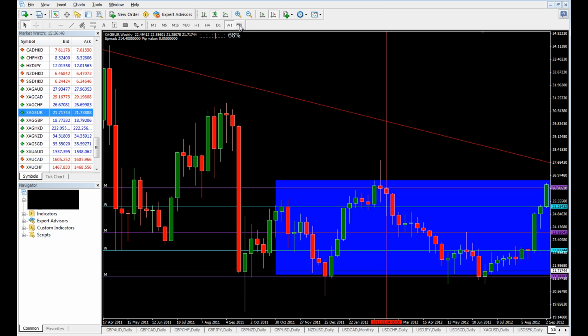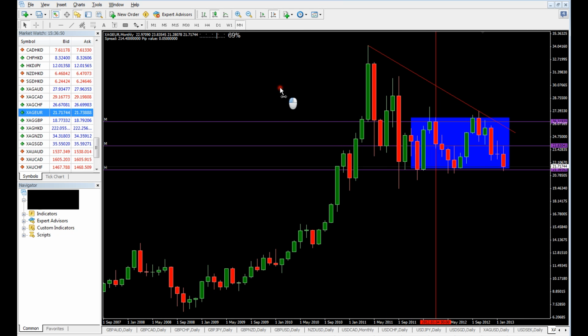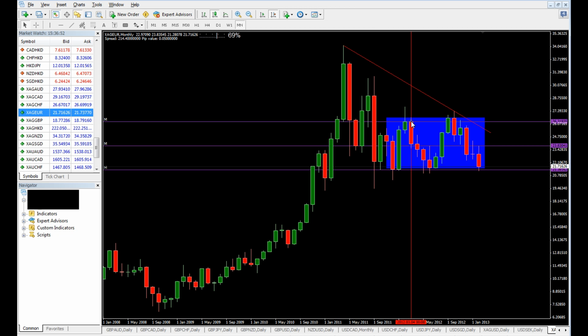If you go check the monthly, it shows that we are just after a strong bearish. Don't be confused by the fact it is green, a big bearish pin bar. At the time this candle was formed, the range market was this kind of size.